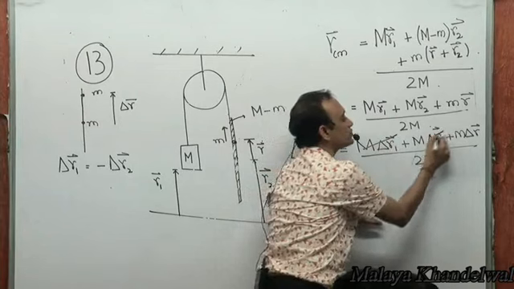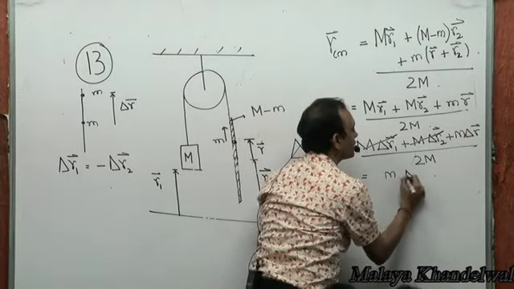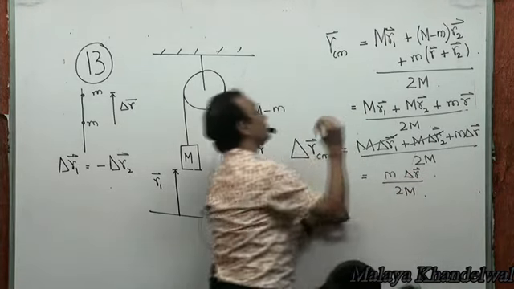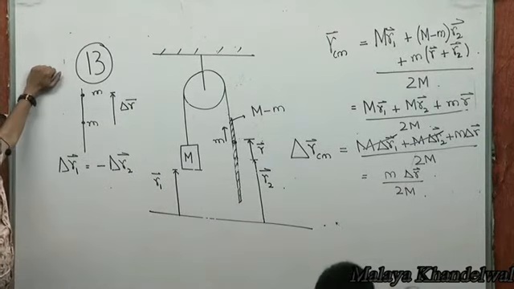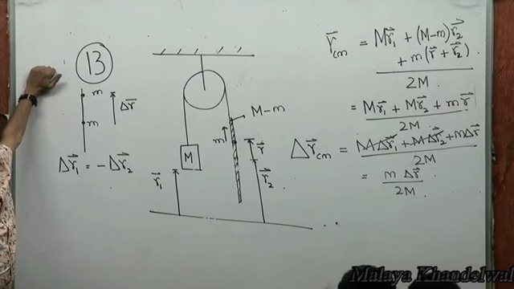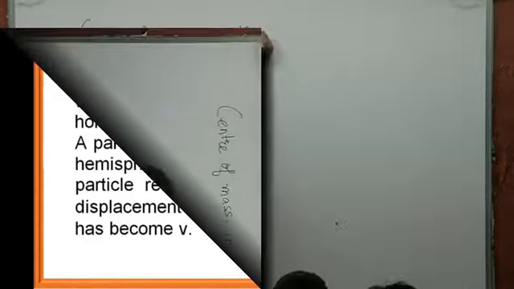So these two terms would cancel off, leaving you with m into delta r divided by 2M. That's the change in the position of the center of mass of the system. Are you all comfortable with this? Make sense now?